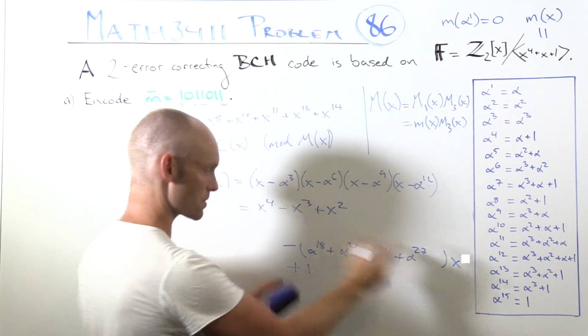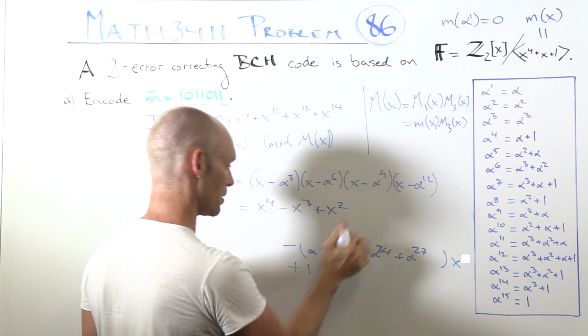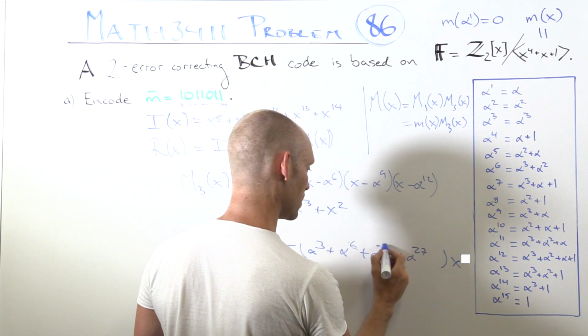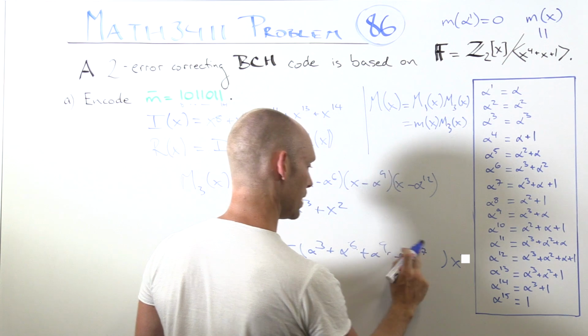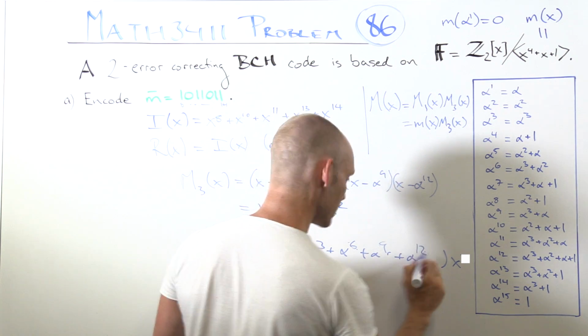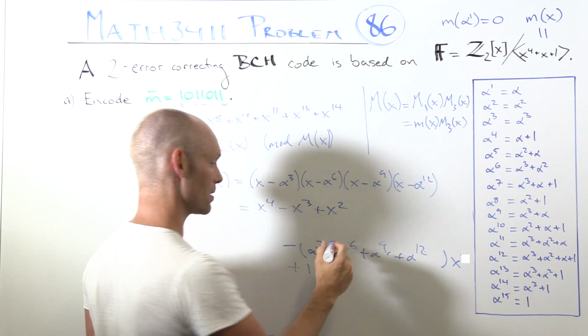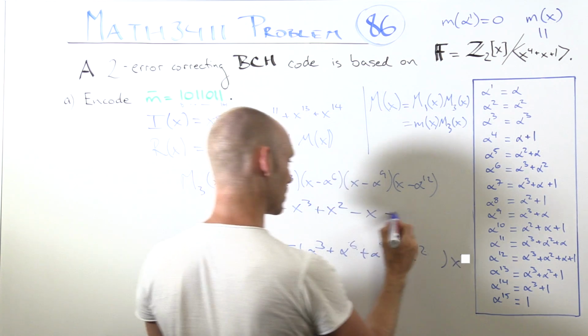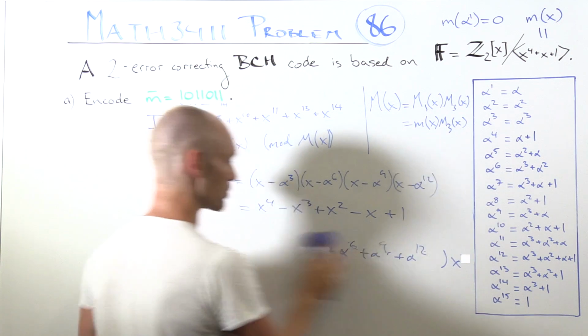If you reduce this mod 15, then lo and behold, we have a 3, a 6, a 9, and a 12. And again, you recognize that sum there. This is just 1 again, so we have minus x. And then finally we had the plus 1, and we're almost done.